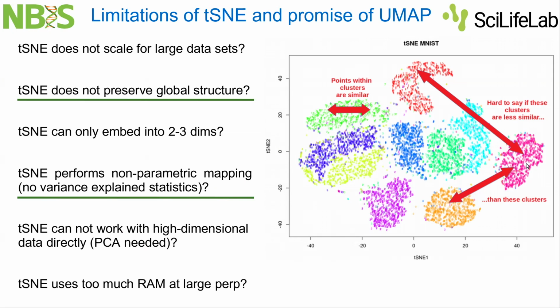You can't say that this pink cluster is closer to the orange one compared to the red one. This interpretation is wrong, because there is this sigma parameter in the denominator of a Gaussian exponential power. This comes from the equations of how t-SNE is computed, so it can't, in principle, preserve intercluster distances.